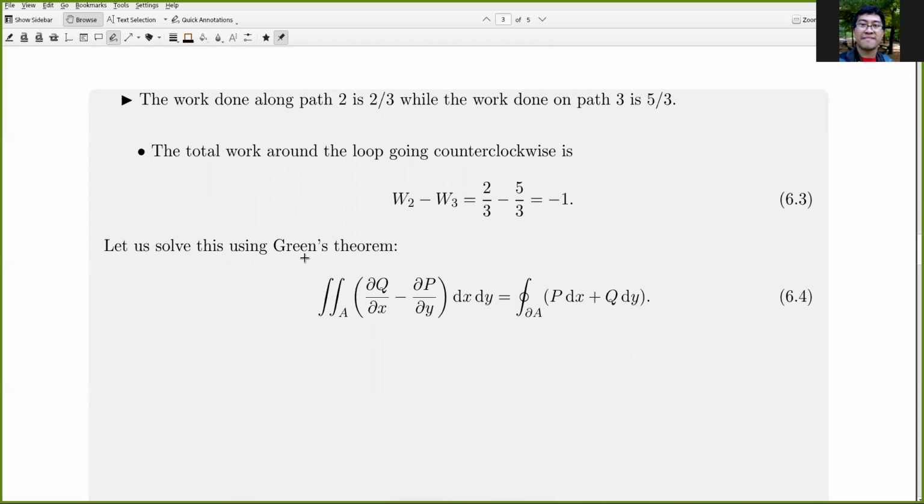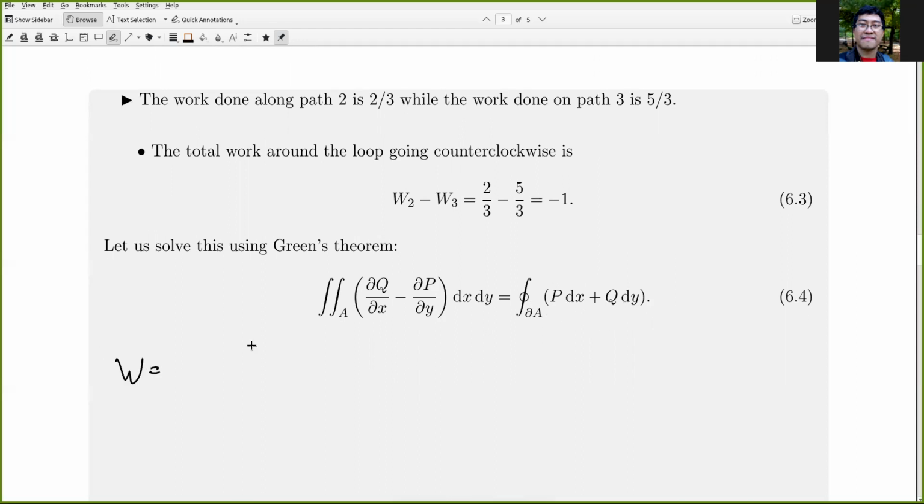Now let's try to solve that using Green's theorem. This is Green's theorem: partial Q with respect to x minus partial P with respect to y, take the double integral. That's equal to the single line integral over the closed loop, P dx plus Q dy. This would be our work done.